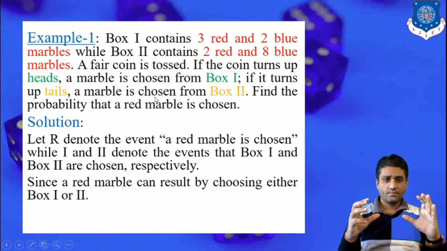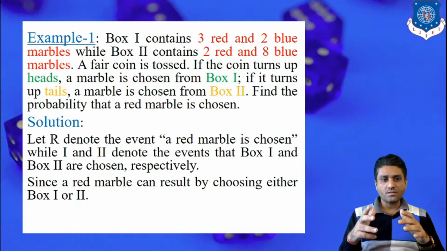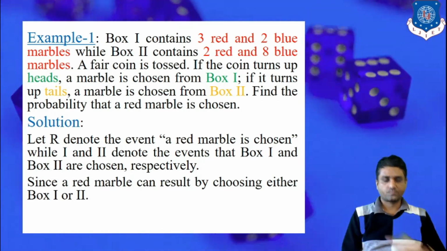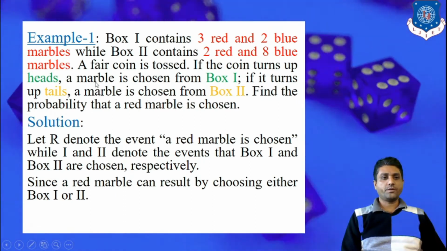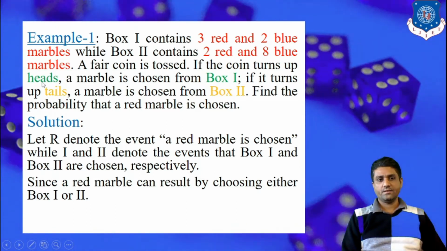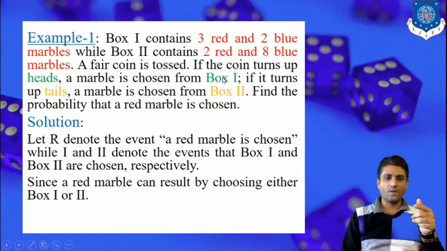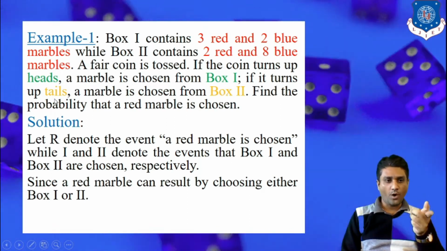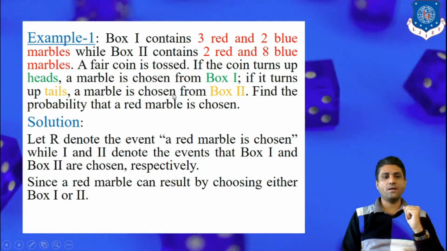So the selection of the box depends on the outcome of tossing the coin: if head, we draw a marble from box 1, and if tail, the marble is drawn from box 2.